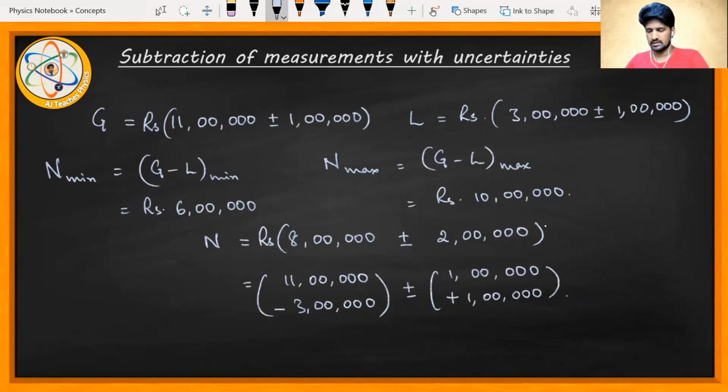Their true values are getting subtracted, as you can see, 11 lakh minus 3 lakh, but their uncertainties are still getting added. So we can write this as G minus L, which is the difference between their true values, plus or minus uncertainty in G plus uncertainty in L. So even if measurements are subtracted, their uncertainties would get added.